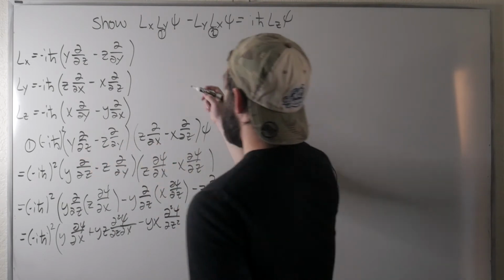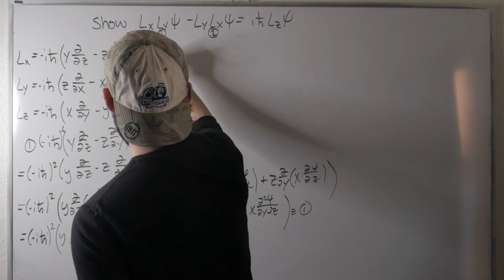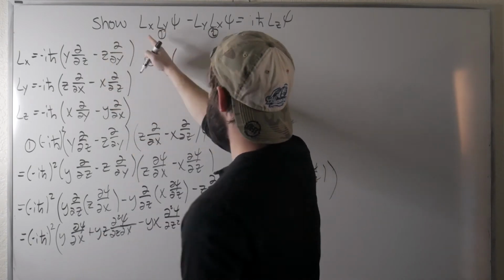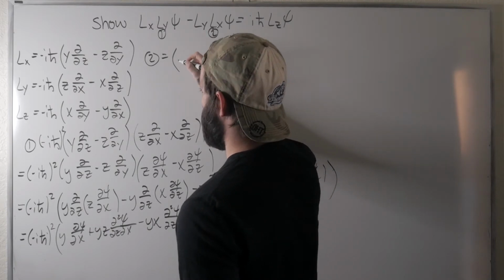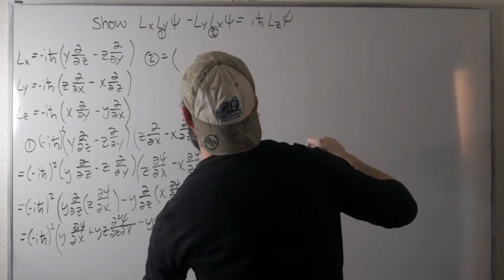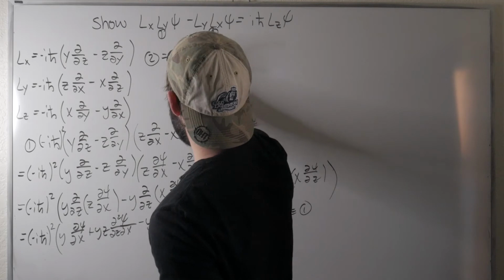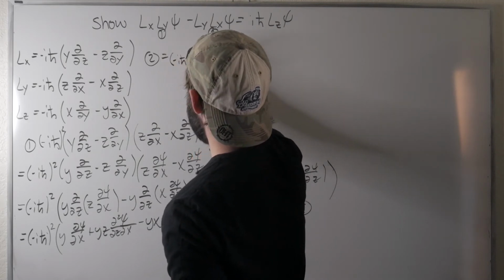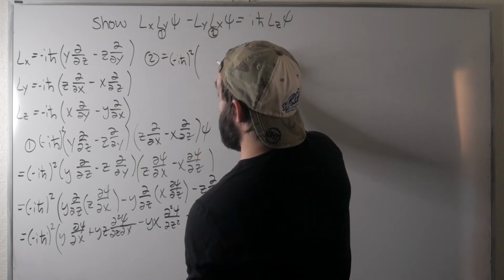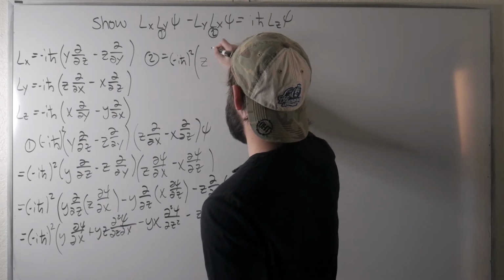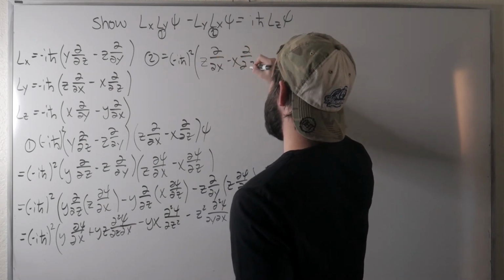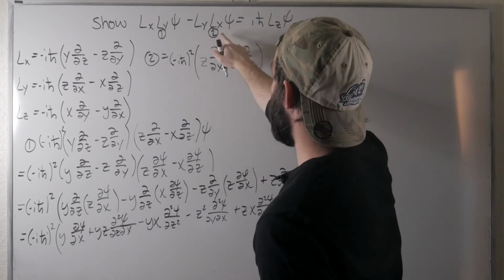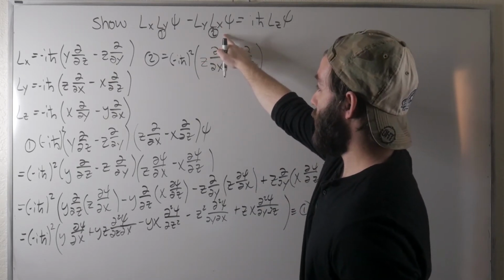Okay, so 2 is equal to, I'm going to write out the first term. So we've got yx, and let's go ahead and do our minus iħ squared, z d/dx minus x d/dz, and then we're acting on it with Lx.